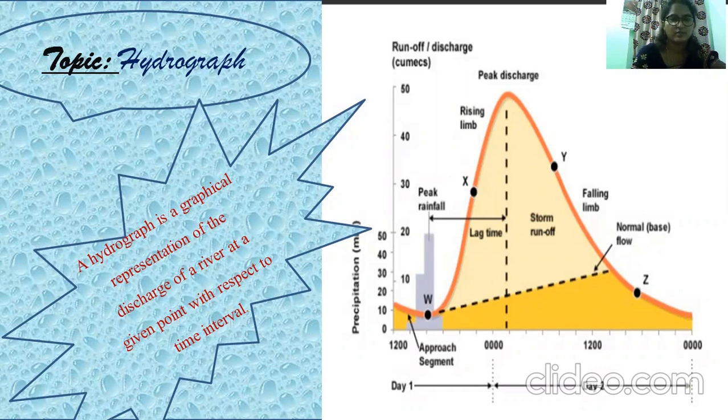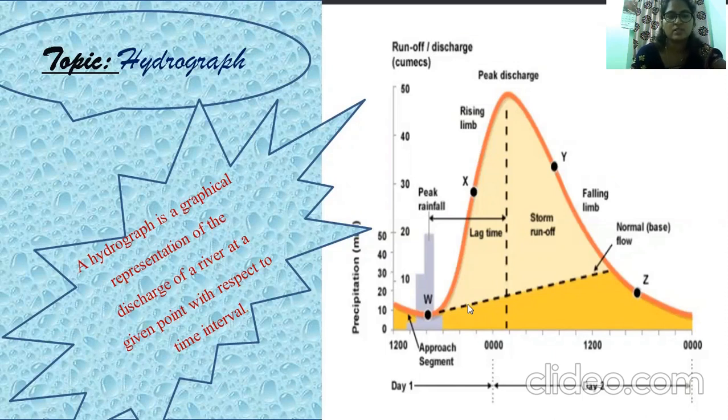The figure shows the hydrograph with storm flow. The first one of the components of a hydrograph is the approach limb.